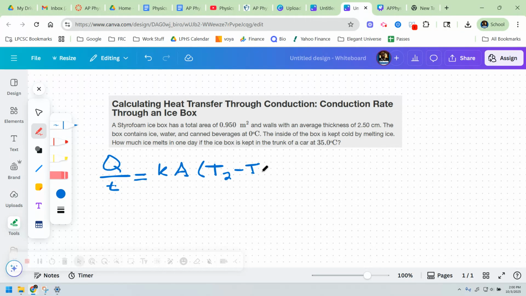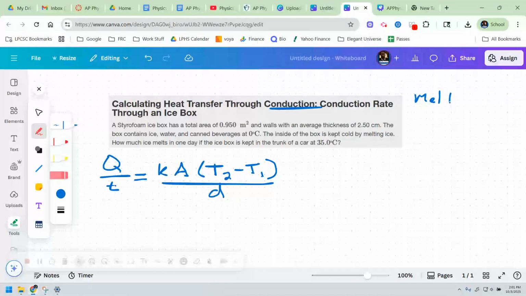One of them is going to be higher than the other because that's how these problems are set up. We're talking about heat transfer, right? And this is for conduction, right? So today we're just focusing on conduction. Okay. Now heat is used to melt the ice. So just a little bit of heat used to melt the ice. And let's write this over here. Melt ice.